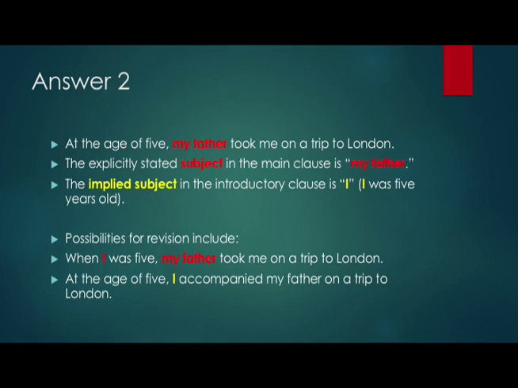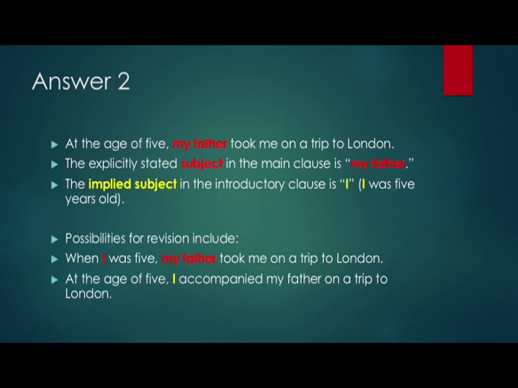So when I was 5 years old, this is what happened. The way the sentence is written right now implies that when my father was 5 years old, he took me on a trip to London. When our dads were 5 years old, we were not going to be around for quite some time, so that's not possible.